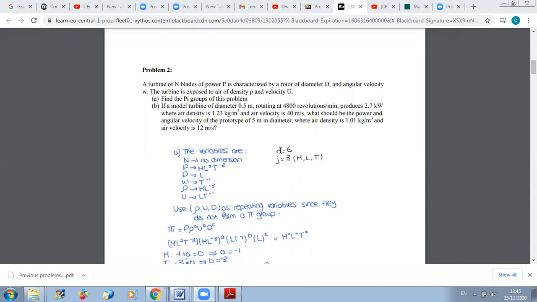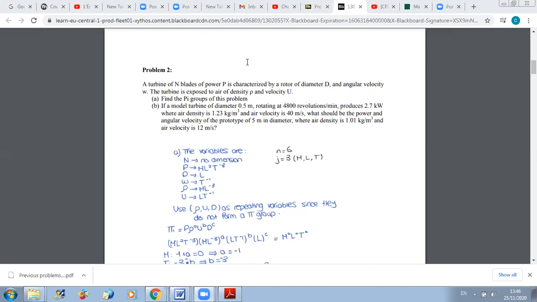Remember how to make sure that j is 3. I should find 3 variables that are independent. And if you remember, one of the techniques I told you to use to determine independent variables: you can try to choose 3 variables where one contains only m and the other contains only t. In this way, they can never form a group.